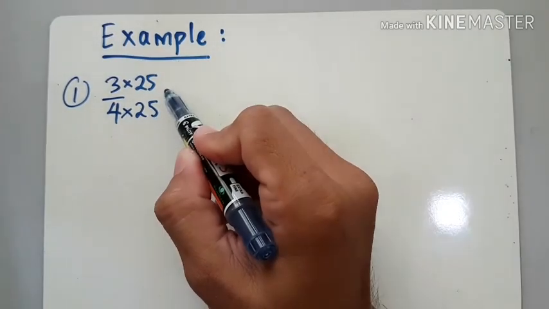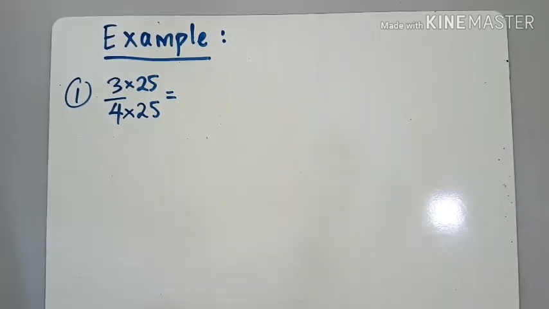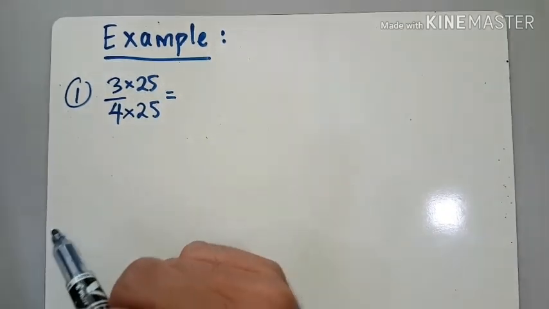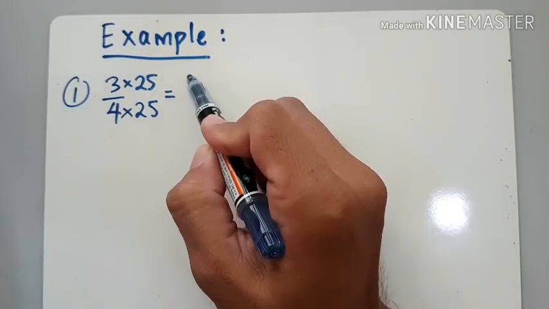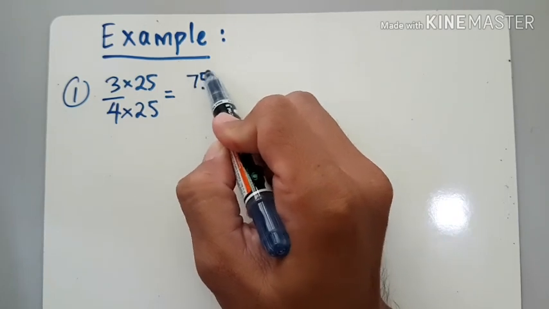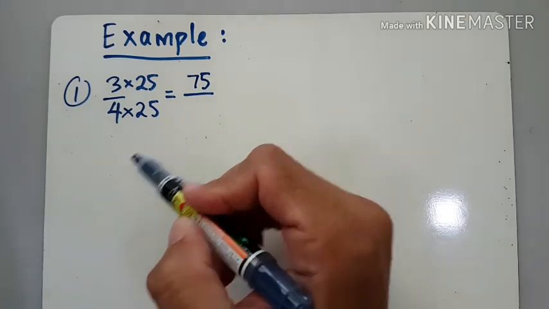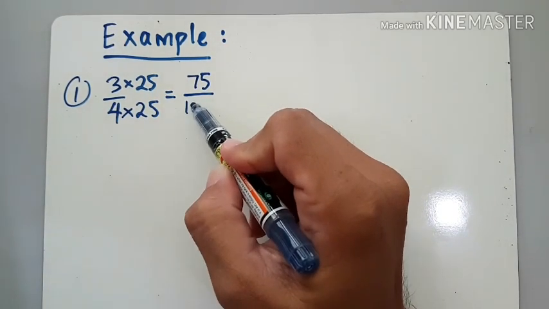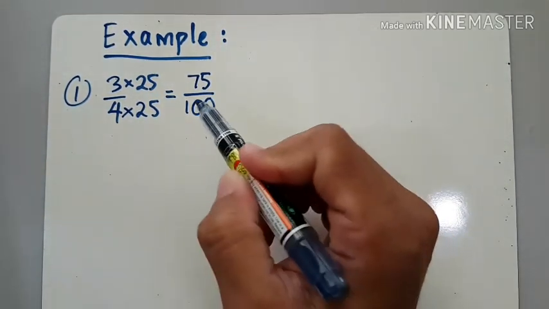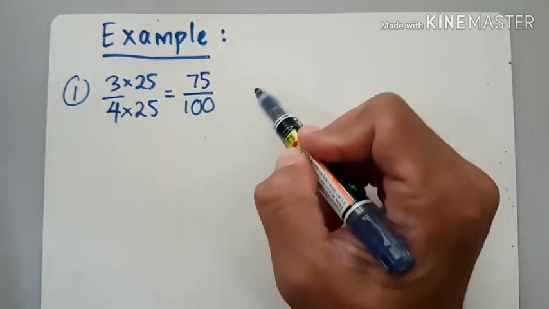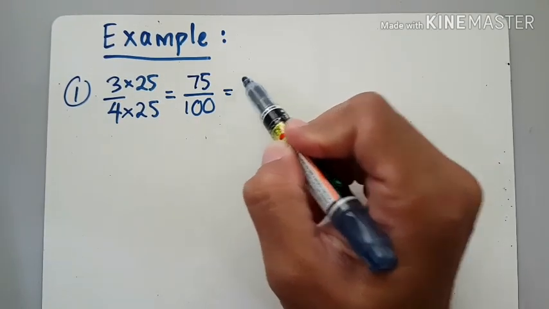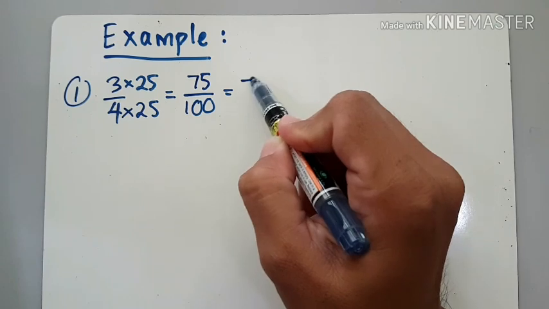After that, you multiply them. 3 times 25 equals 75. And 4 times 25, of course, is 100. So as soon as you have the fraction over 100, then we get the answer straight away. So the answer will be 75%.